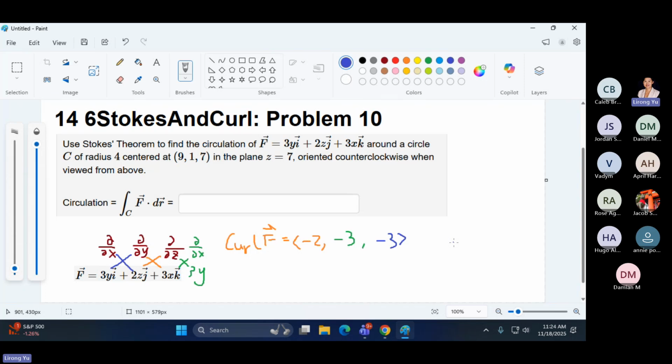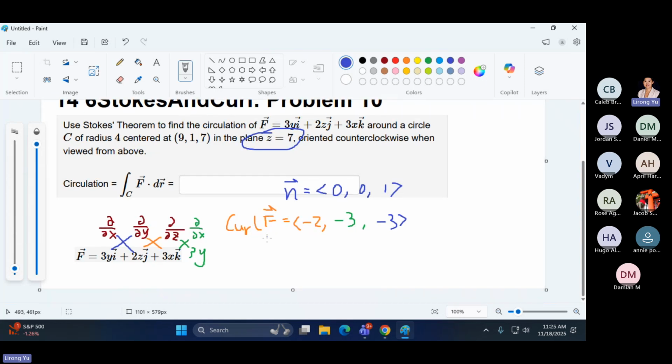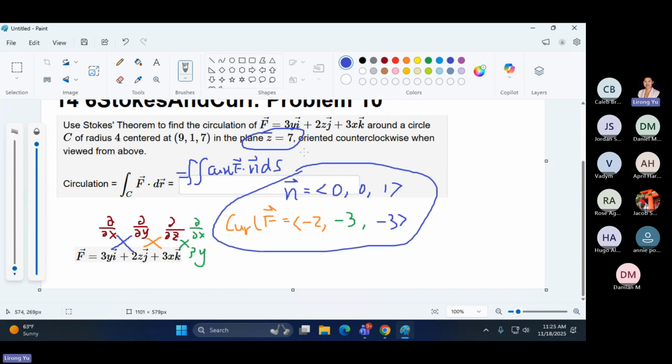It's very familiar. So that's our curl, and then the surface is over here, so the normal vector of the surface will be 0, 0, 1. So this is equal to the double integral of curl of the vector dot n ds. If we dot product these two vectors, it will be -3. So it's equal to the double integration of -3 ds.